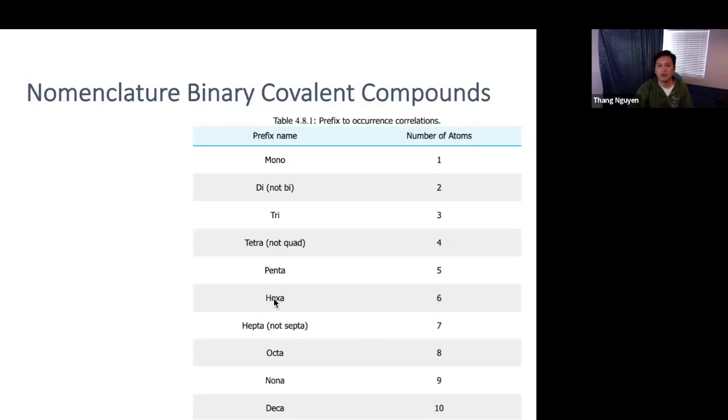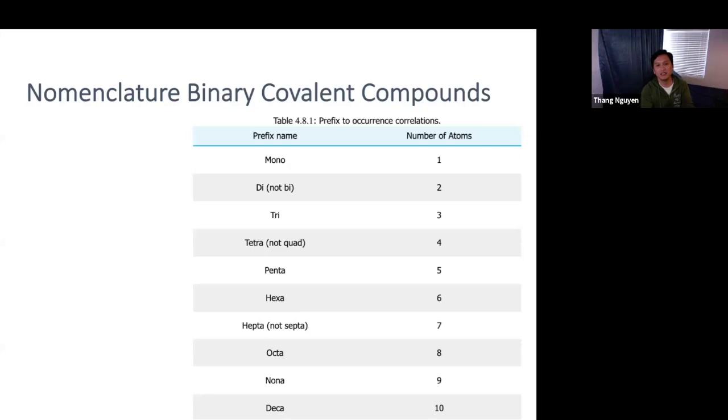For example, penta is for 5, like the pentagon has 5 sides to it. Hexagon has 6 sides to it. Heptagon also has 7 sides to it, but maybe you didn't know that. So one anecdote that helps students to remember why hepta is 7, even though you can't say septa, but septa is another way of saying hepta in just Latin, is the calendar.